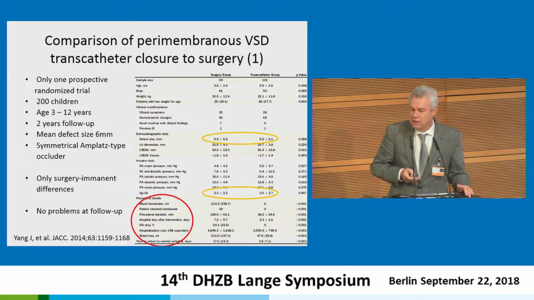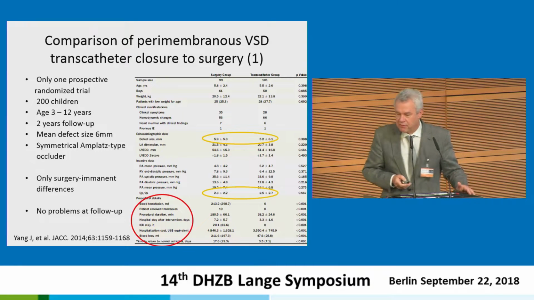And we have seen that surgery is also a very good option. There is only one prospective randomized trial which compares perimembranous VSD transcatheter closure to surgery. That's all we have. This is 200 children, aged 3 to 12 years.